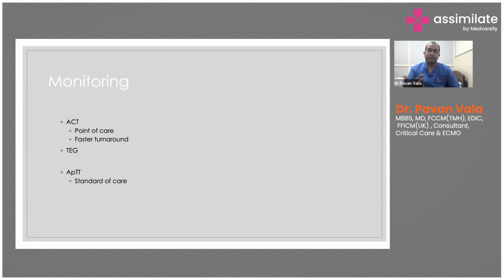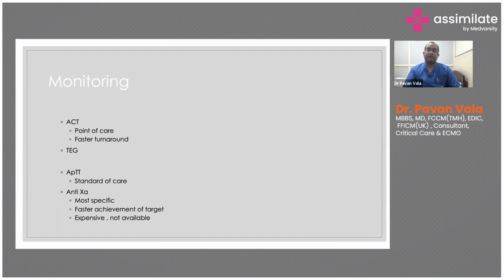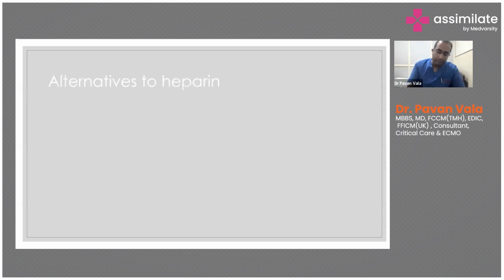Recently, there's been an increasing use of anti-Xa levels, even for unfractionated heparin, because it is more specific. And studies have shown that it achieves faster anticoagulation targets, but it is expensive and it is not available in all places. The problem with heparin, and the most feared problem, is heparin-induced thrombocytopenia and thrombosis.